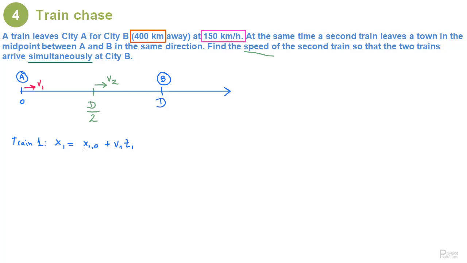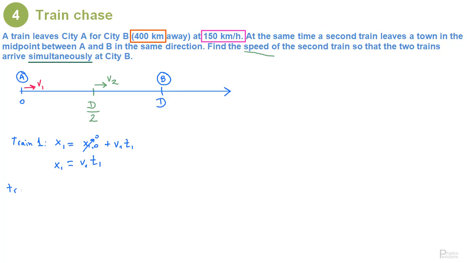The initial position is 0 because the coordinates were chosen in such a way that that quantity was 0, so it's not a surprise. And we simply get v1 times t1. So this is the position of the first train.